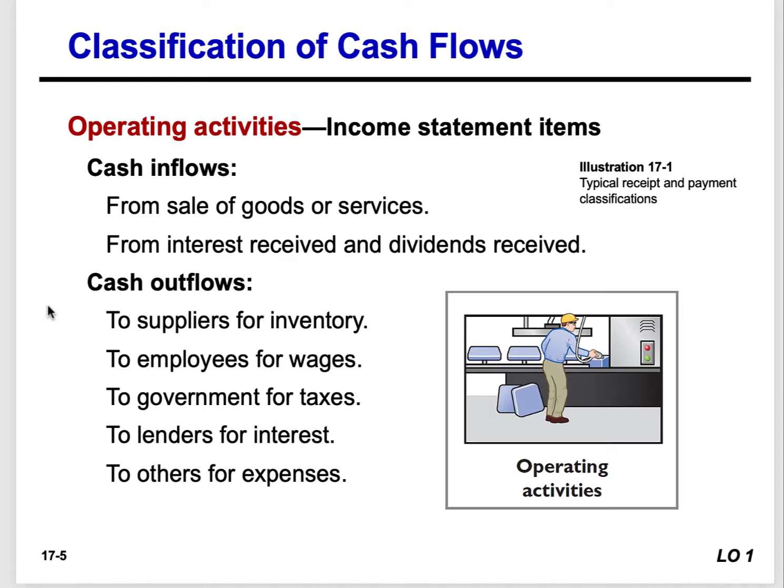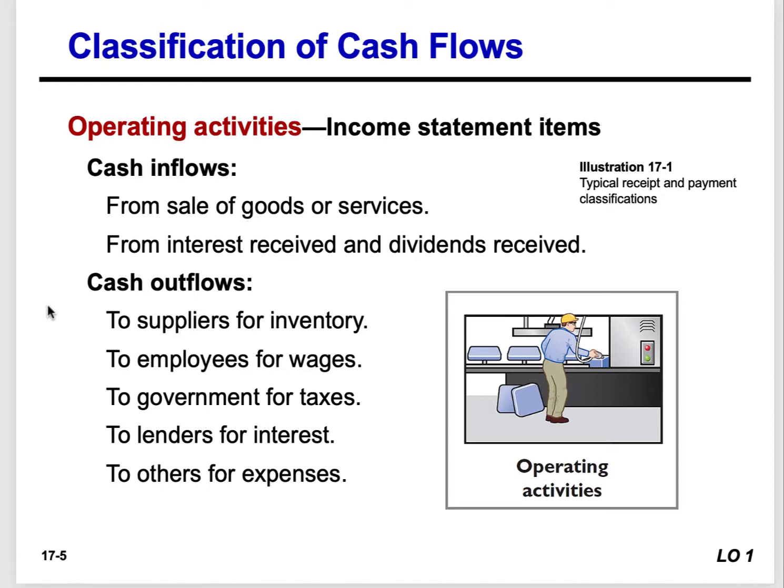What about cash outflows? Well, anytime we spend money that's related to our operating activities, that would be an example of cash outflow, right? If we pay cash to suppliers for inventory, we pay wages to our employees, that's a cash outflow. Whenever we pay taxes to the government, guess what?